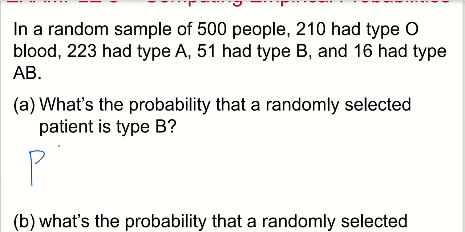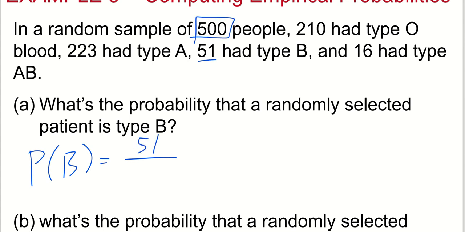So the probability of getting someone with type B blood is the number of people that had type B, that's 51, divided by the total number of people altogether, that's 500. If we plug that in, 51 divided by 500 gives us a probability, to two decimal places, of about 0.10.